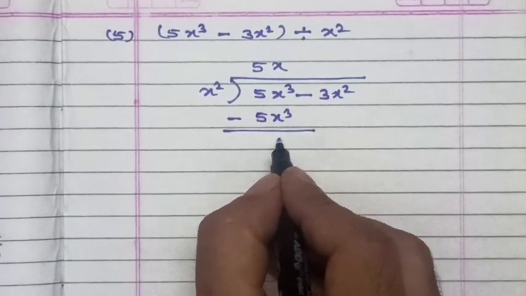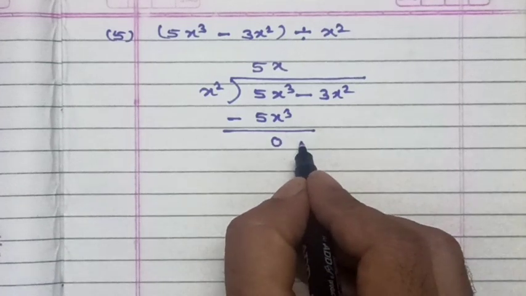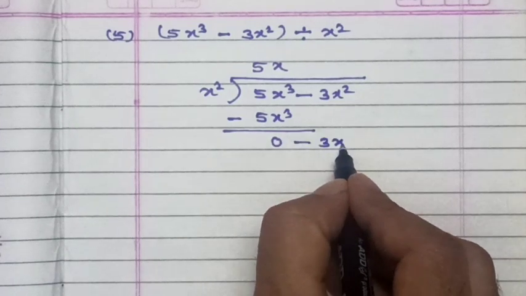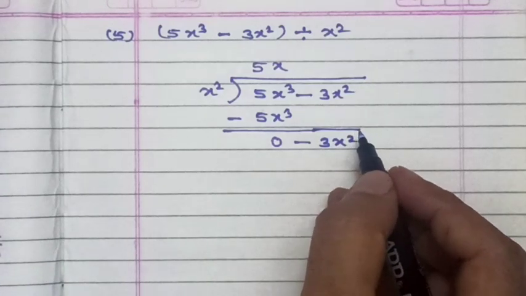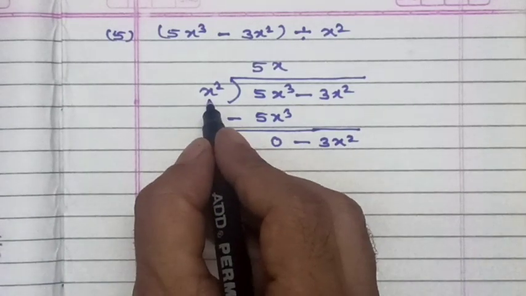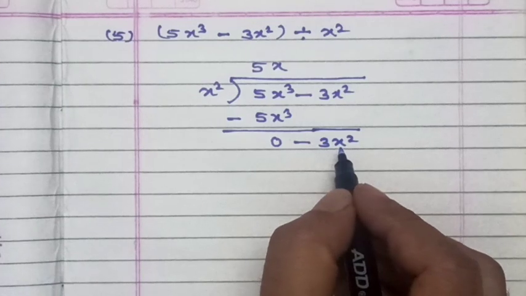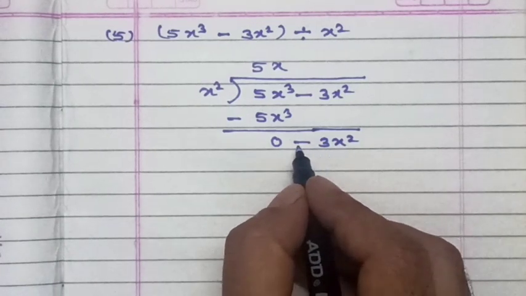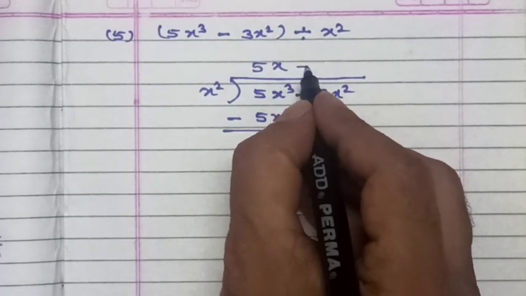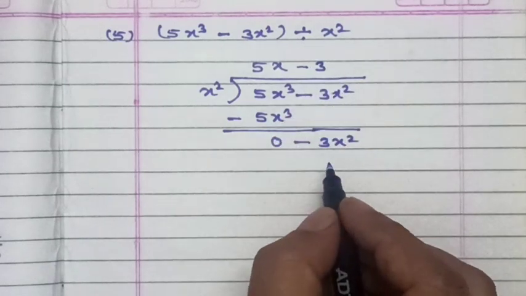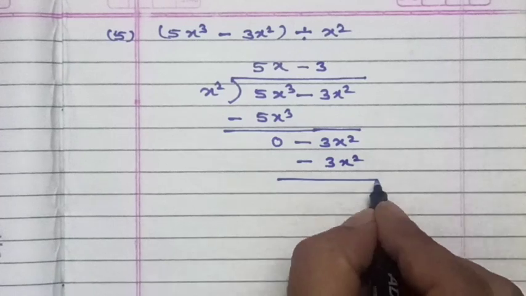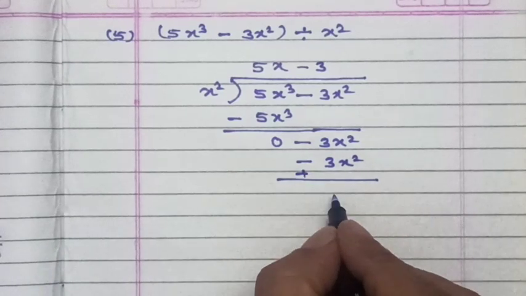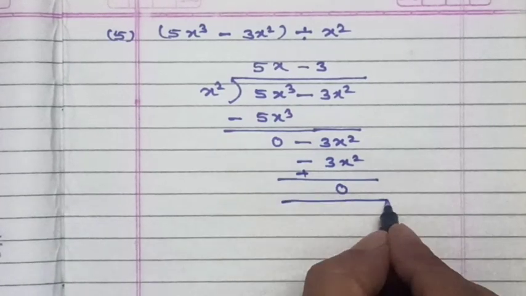Subtract, you will be getting 0. Then carry the next, which is minus 3x square. Now here this x square cancels, and this minus 3 remains as it is, so minus 3, and you will be getting minus 3x square. Change the sign to subtract, you will be getting 0.